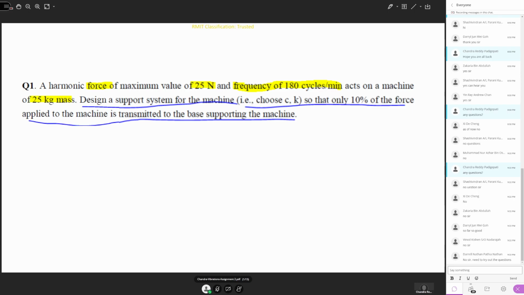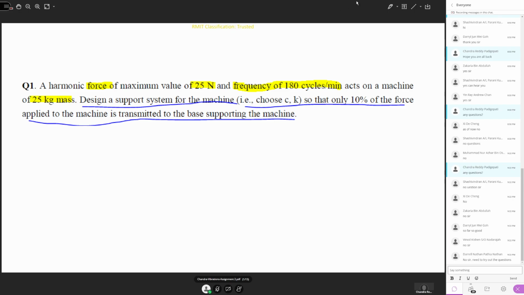A harmonic force with a maximum value of 25 newtons and frequency of 180 cycles per minute acts on a machine of mass 25 kilograms. You are asked to design a support system for the machine.